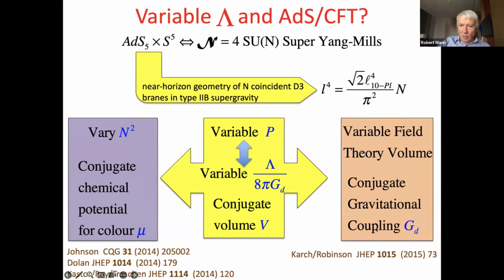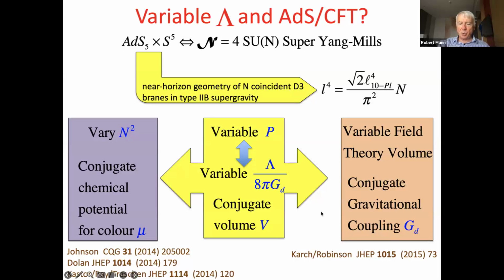But another way, and the one that I think has been a bit more fruitful, is to understand this in terms of a variable volume of the field theory. Implicitly in here there is a volume of the space that the CFT is formulated on, and that can be varied. And Karch and Robinson pushed this viewpoint in this paper here.